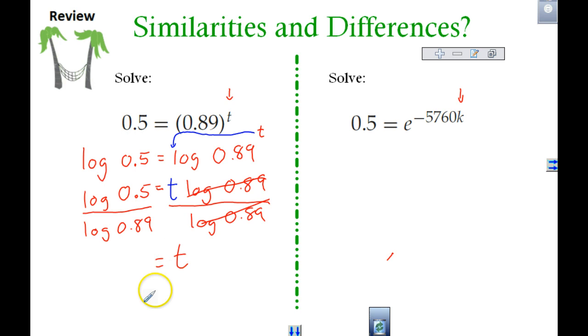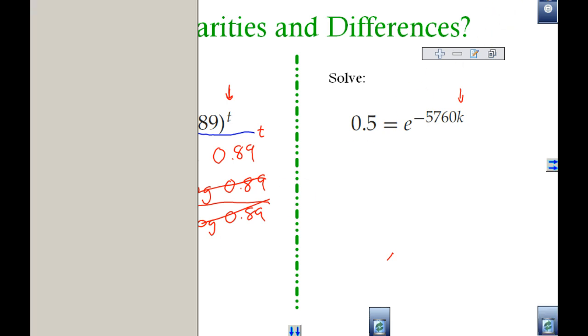So we now have t equals; again, that was the goal: take that variable exponent and get it to be just a regular old t. We'll have to approximate that, so I'm going to use approximating anytime I use a calculator and round.